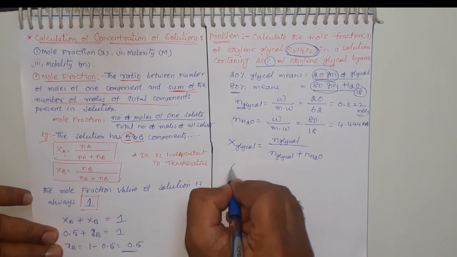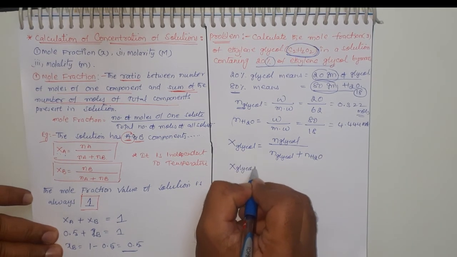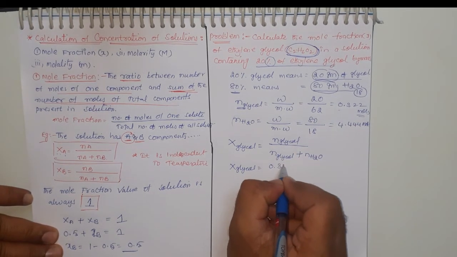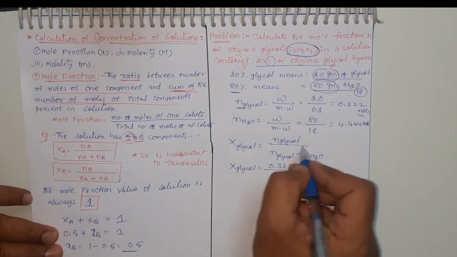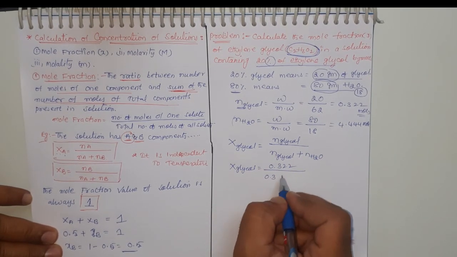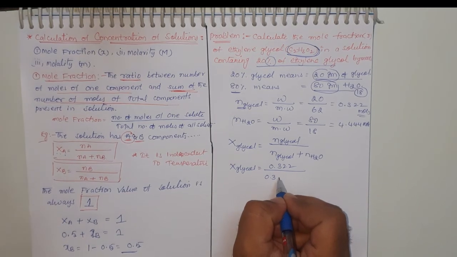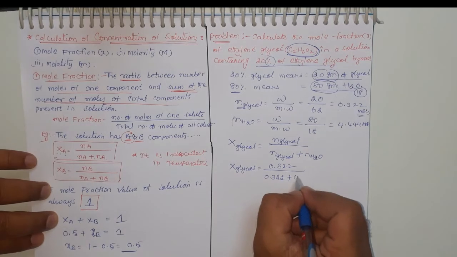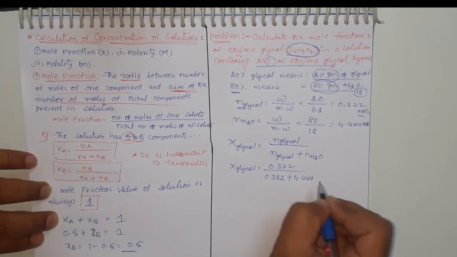Okay, what are the values? Number of moles of glycol is 0.322, and the sum of the total components of the solution is 0.322 plus the moles of H2O, 4.444.